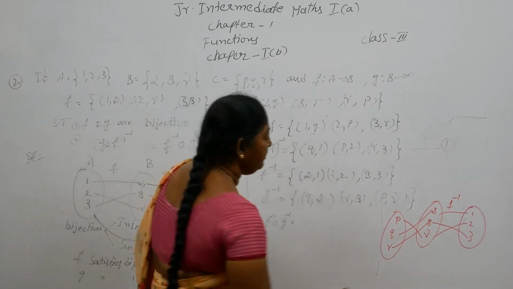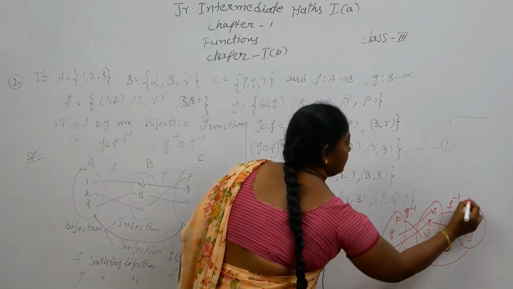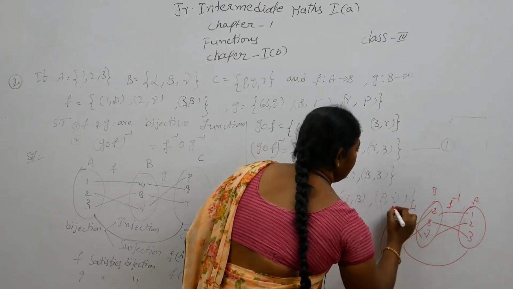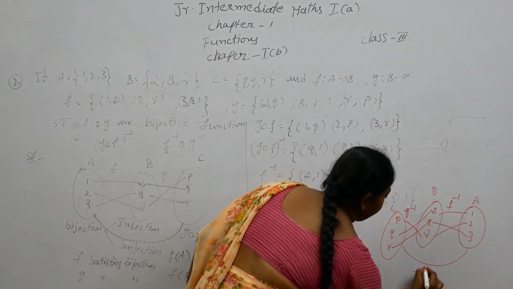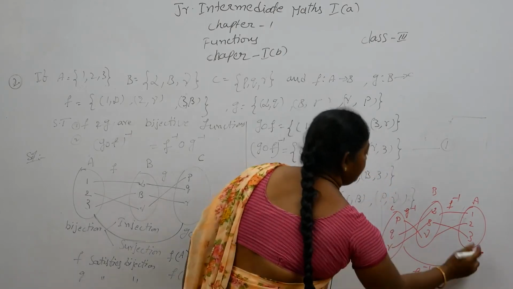So f inverse, this one g inverse, A B C. So f inverse of g inverse from C to A.